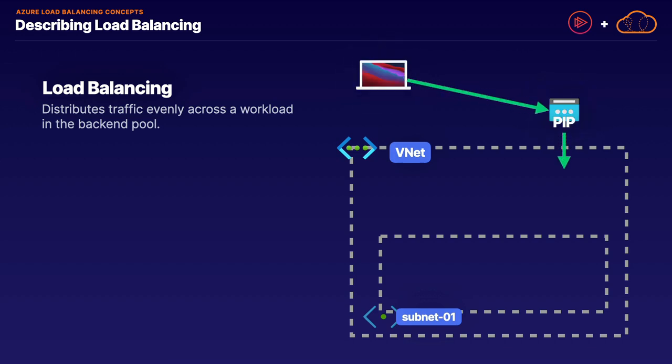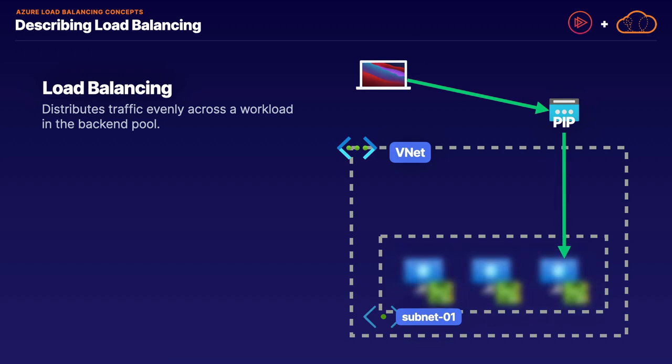And this is going to send that traffic into our virtual network, our private network space, and it might be mapped to one of these virtual machines we see here. Well, if we wanted to distribute this traffic, right now, our current solution would require that we have multiple public IP addresses for each one of these virtual machines, because we don't have a way of making sure that the traffic distributes evenly in just this setup here.